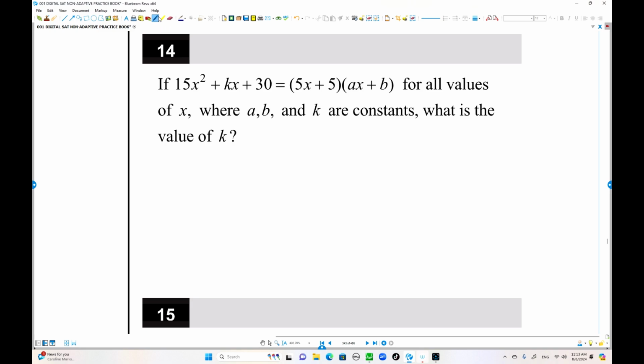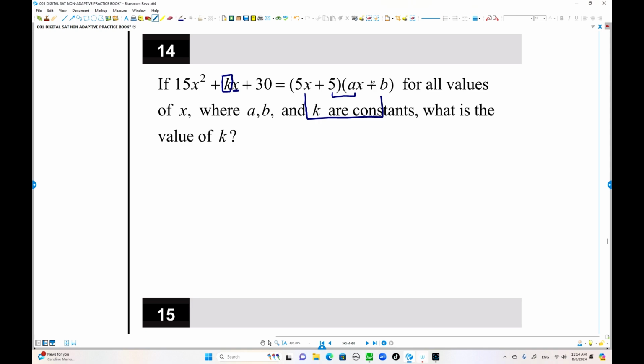Left hand side and right hand side are actually the same expression. So how can you find the value of k? K is a coefficient of x, so we're going to find the x term over here. To find the x term, 5ax and 5bx generate x terms.